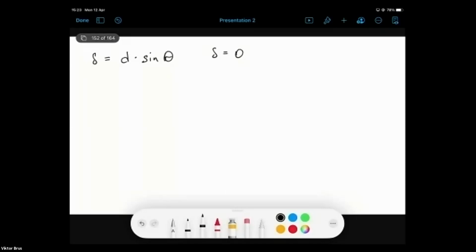We will mention this, or if this delta is equal to some integer multiple of the wavelength which we deal with, so that waves originated from two slits come to this point P in phase.